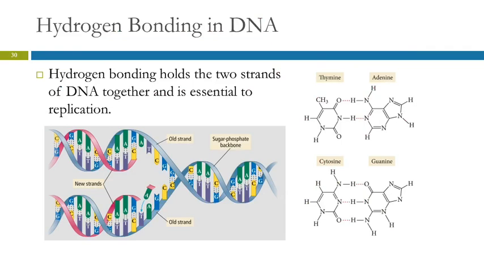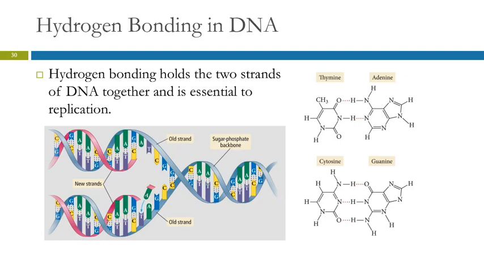Okay, here's an example of the importance of hydrogen bonding. I think you all know that humans have DNA, and the DNA determines your hair color and all sorts of other different things. DNA depends on hydrogen bonding. So DNA is composed of two strands. They have a sugar phosphate backbone, and then they have these bases, thymine, adenine, cytosine, and guanine, that hang off of them almost like charms on a charm bracelet.